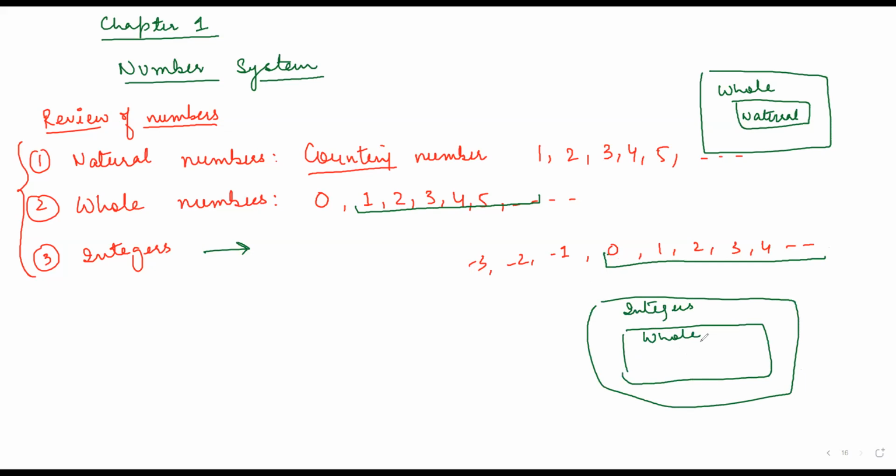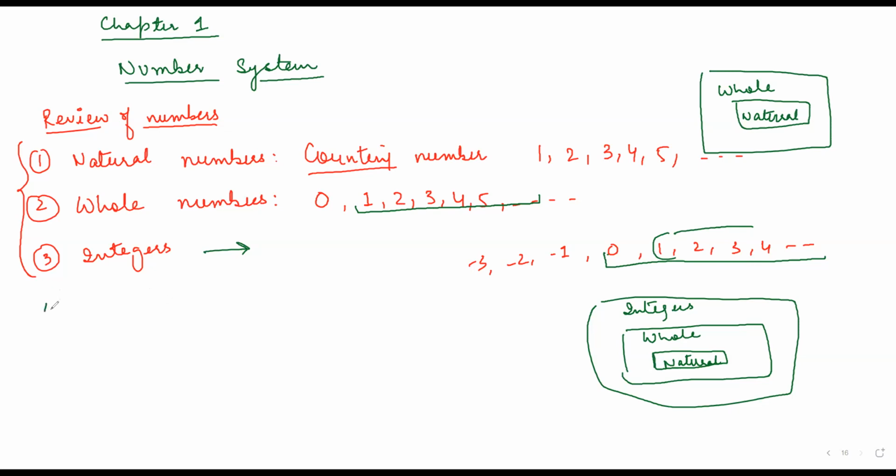And whole numbers contain natural numbers, which are numbers starting from 1. So natural numbers are included in whole numbers, and whole numbers are included in integers. So this is how my box is looking right now. Understood?